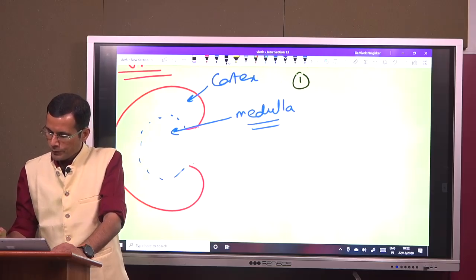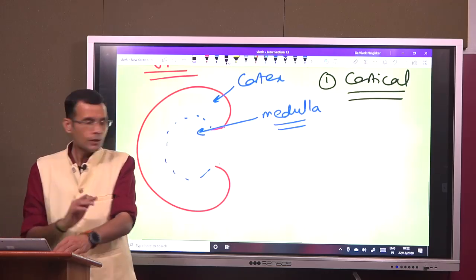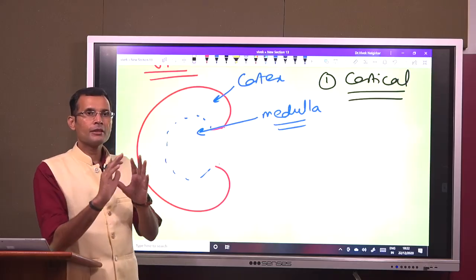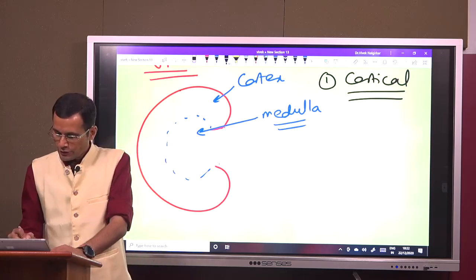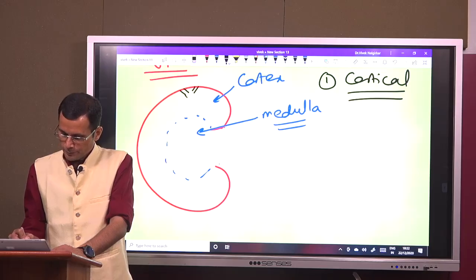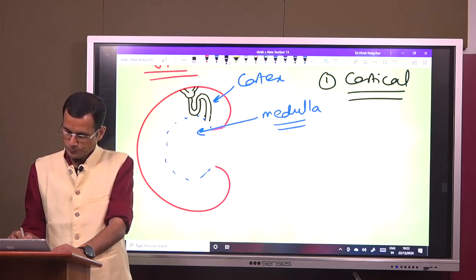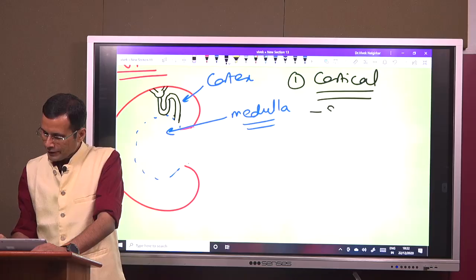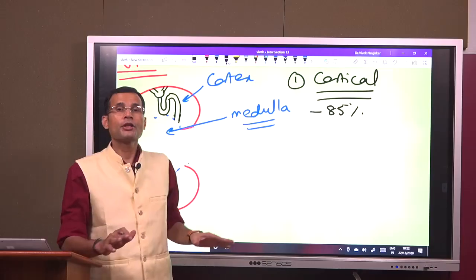First type is the cortical nephrons. Please take it as a representative diagram. So cortical nephrons are something like this. They have glomeruli and then the loops. 85% of nephrons are cortical nephrons. So, the majority of the population.